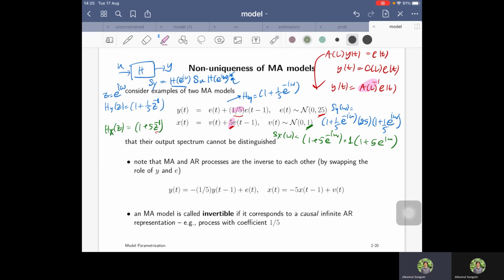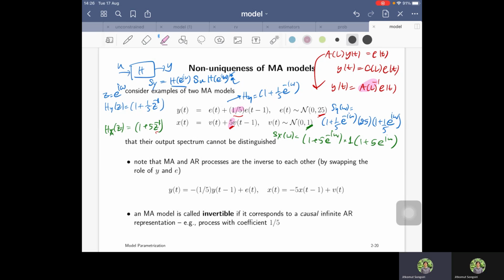You see that after you work it out, the green term, the yellow and the blue term are the same thing. So these moving average processes have the same second order property. You observe the same spectrum, but when you take the inverse, each of them corresponds to two different AR processes.